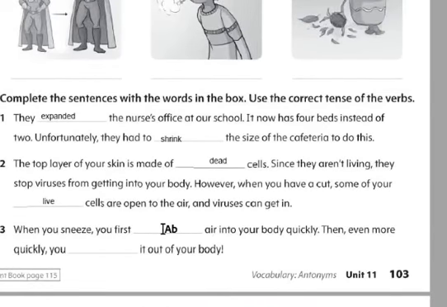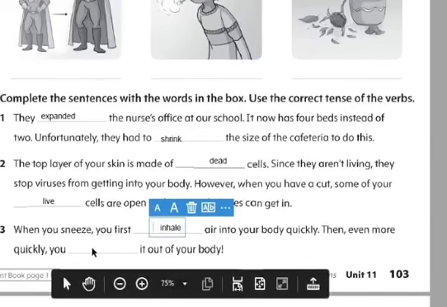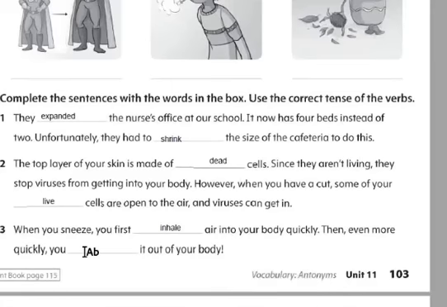The air, when it comes into our body, for sure it's inhale. Then even more quickly you let out of your body, and when you get the air out, so you exhale.